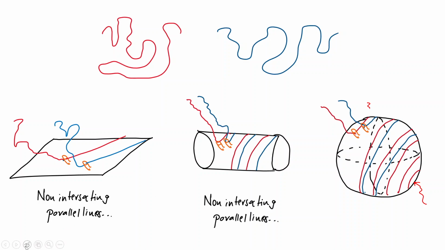Let me change the color of my marker. Yeah, will this blue string end up at the same point where the red string ended up? And will these two lines intersect or not? This is the question.